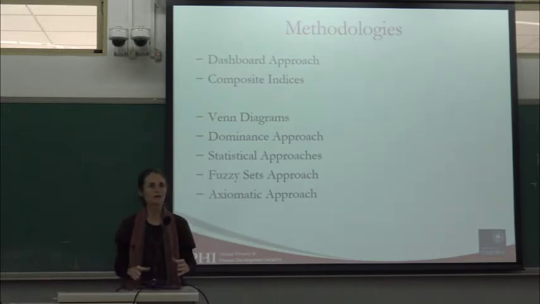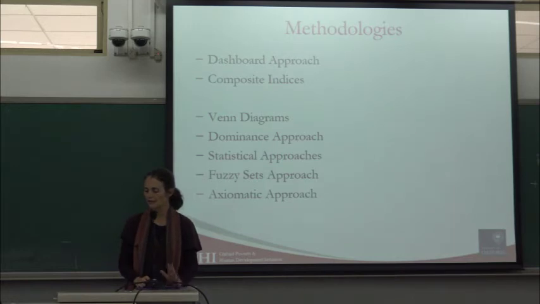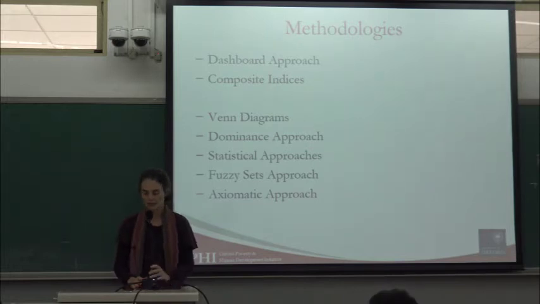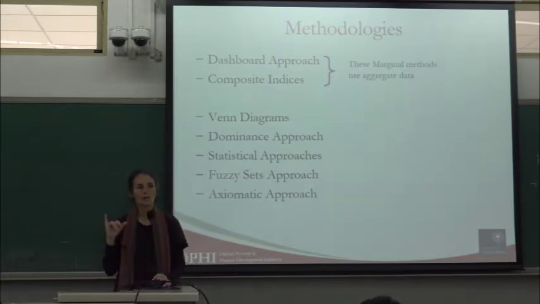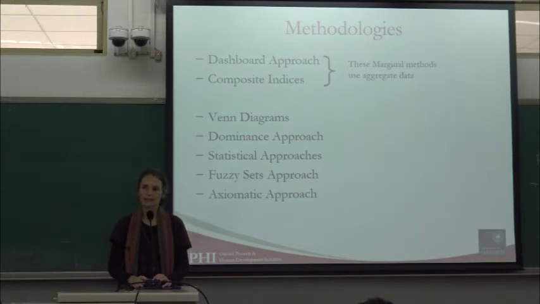So, given this framework, I'm now going to, for the rest of the time, discuss these 7 methodologies. Dashboards, composite indices, Venn diagrams, dominance, statistical approaches, which is PCA and factor analysis, multiple correspondence and latent variable analysis, fuzzy set theory, and axiomatic approaches. The first 2 of them use what we're going to call marginal methods to aggregate data, in that they look at each dimension in isolation.